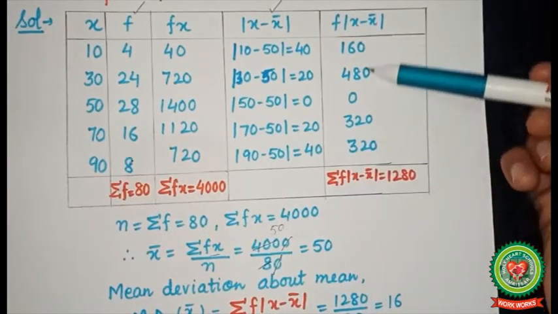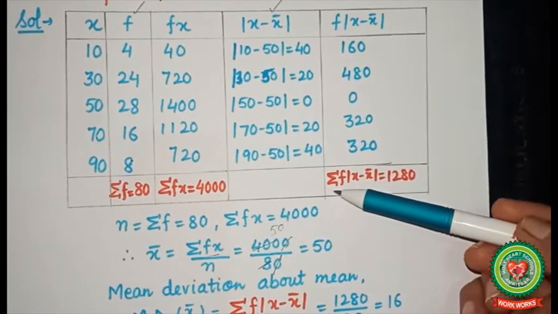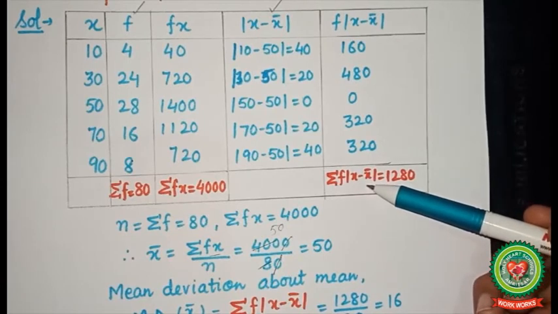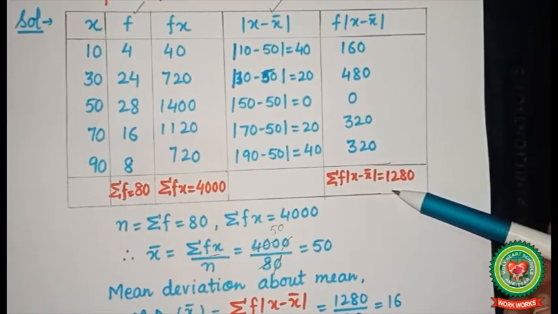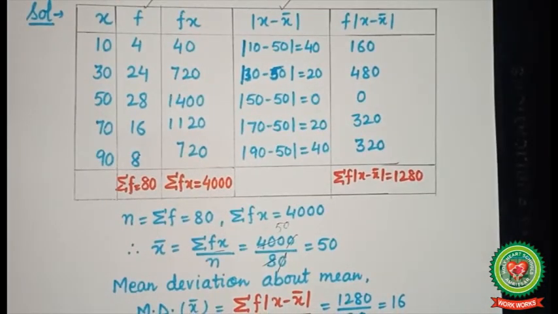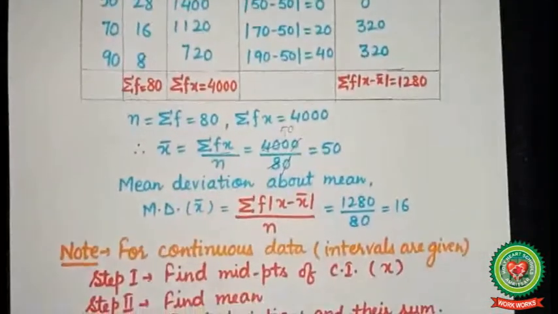Now when you add all these values, we get summation f multiplied by mod of x minus x bar equal to 1280.